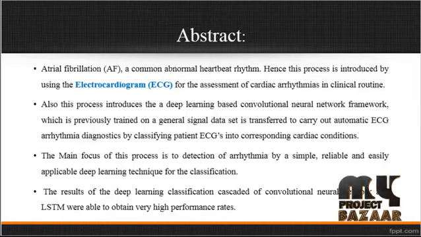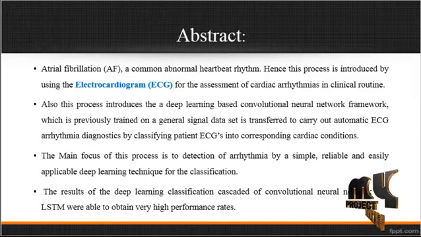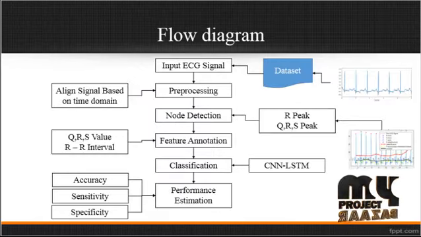The main focus of this process is the detection of arrhythmia by a simple, reliable and easily applicable deep learning technique for the classification. The results of the deep learning classification, a cascade of convolutional neural network and LSTM, were able to obtain very high performance rates. Now we are going to discuss the flow diagram for the process.